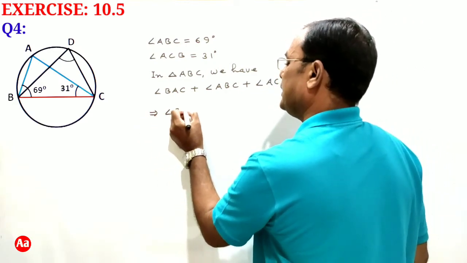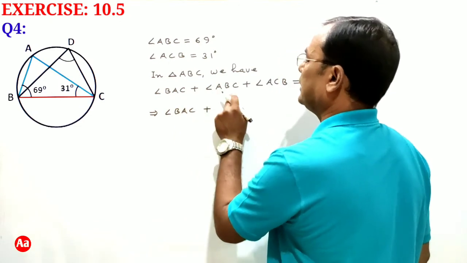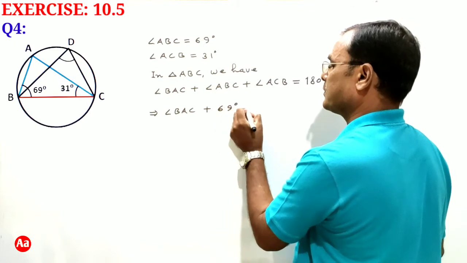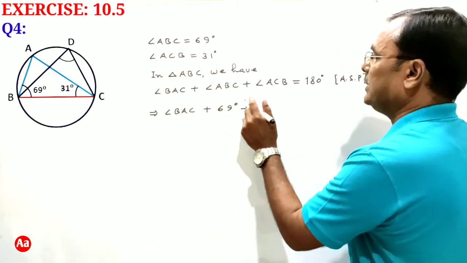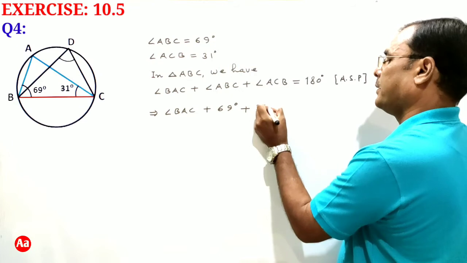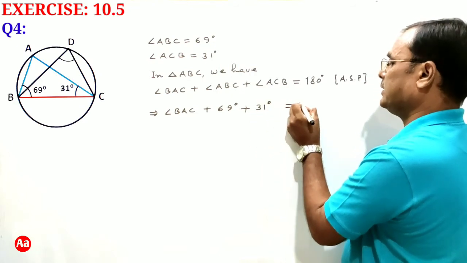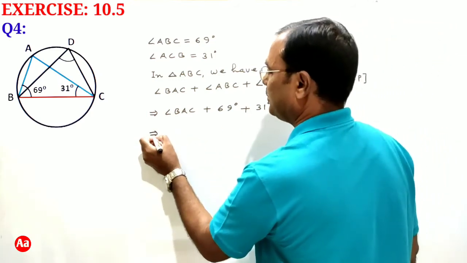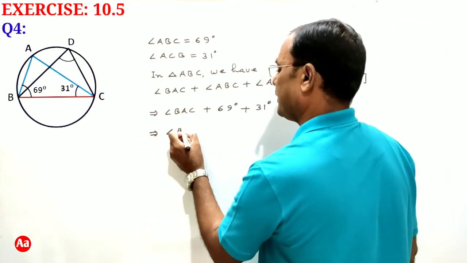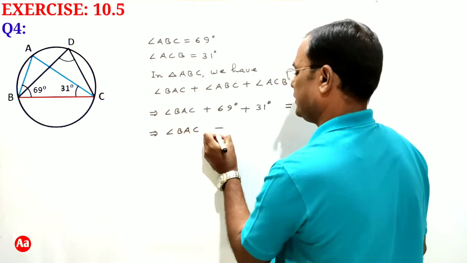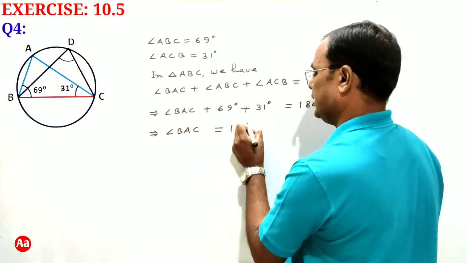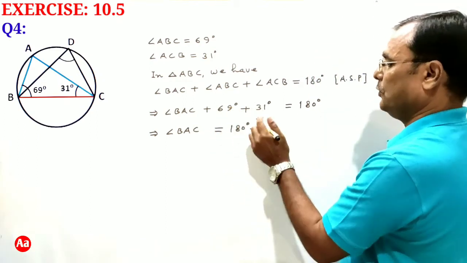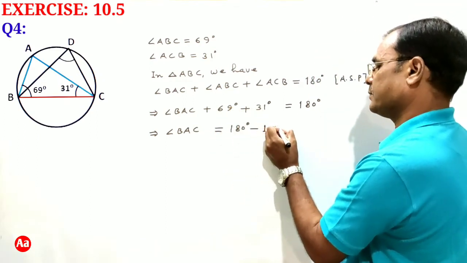Angle BAC plus angle ABC, which is given as 69 degrees, plus angle ACB, which is given as 31 degrees, is equal to 180 degrees. So this implies angle BAC is equal to 180 degrees minus 69 degrees plus 31 degrees, 100 degrees.